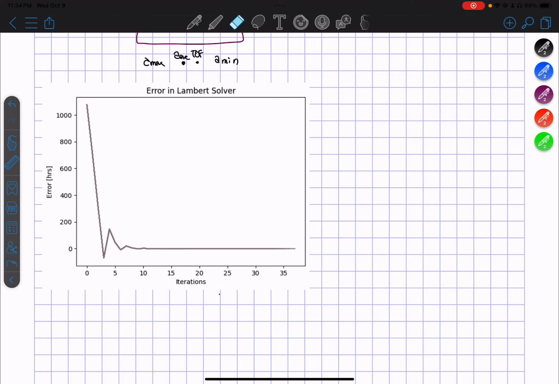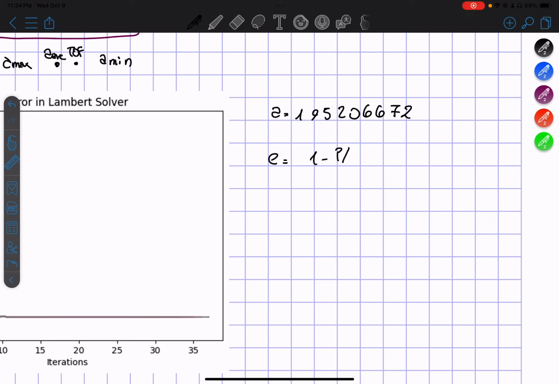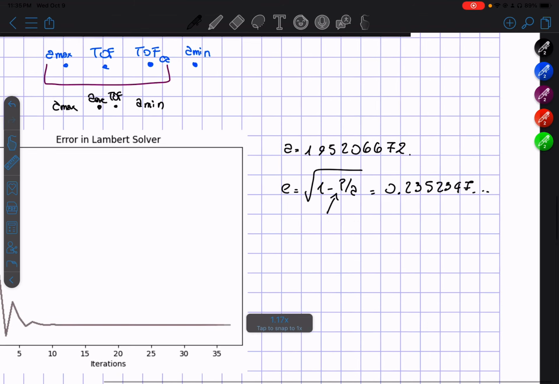Okay. And my final value for A is equal to 195206672, so more or less those values. And then for my eccentricity, which can be calculated by doing 1 minus P over A, where P is the P that you calculated earlier, it ends up being 0.235234, and so on. Anyhow, this is how you find e.